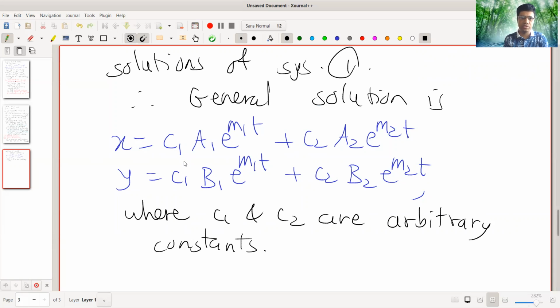Okay, so this is the general solution in case of real distinct roots.